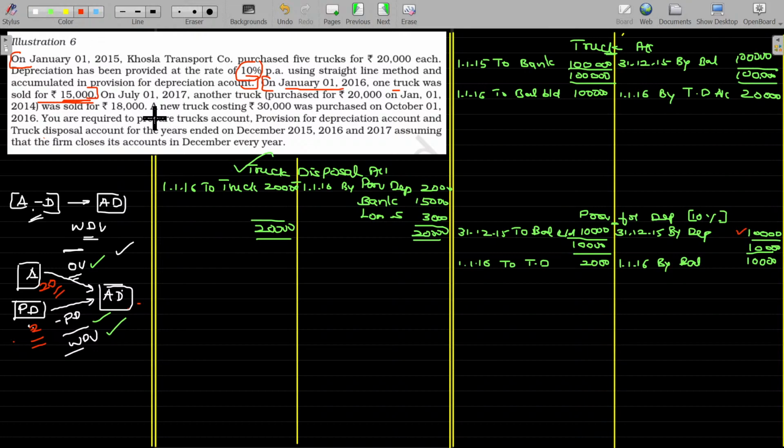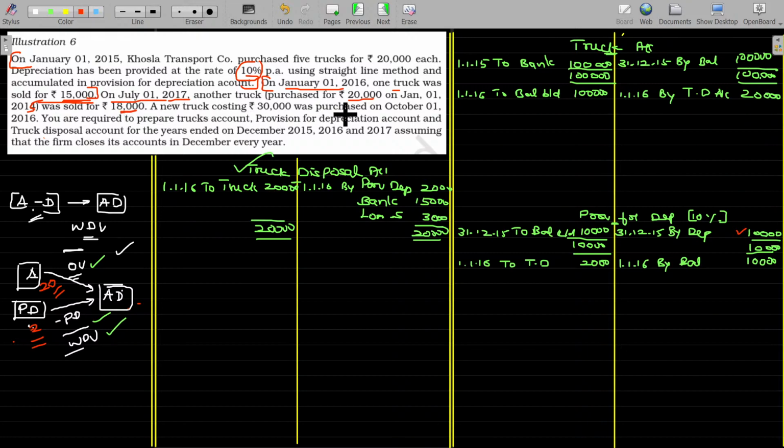Now, for the year ending 2016, no other transaction. So I will now finish up that year. In 2017 only another truck was purchased, so currently there is no problem. On 1st July 2017, another truck was purchased for rupees 20,000. On January 1, 2015, it should be 15, sold for 18,000 rupees. I keep it pending.